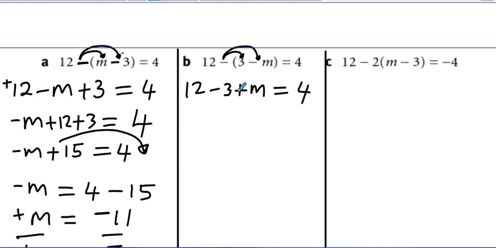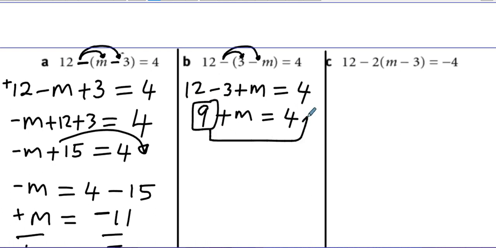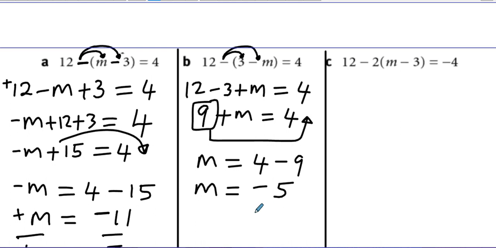We have 12 minus 3 is possible. So you write 9 plus m equals 4. Take this 9, shift it here. So that will remain with m equals to 4 minus 9. So m equals to 4 minus 9 is negative 5.